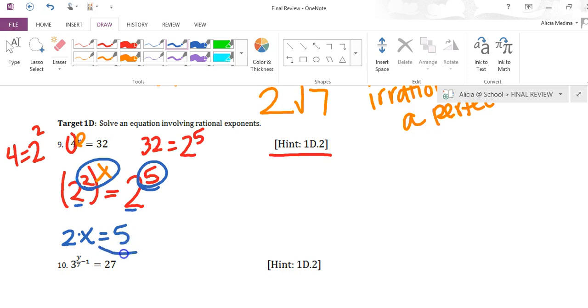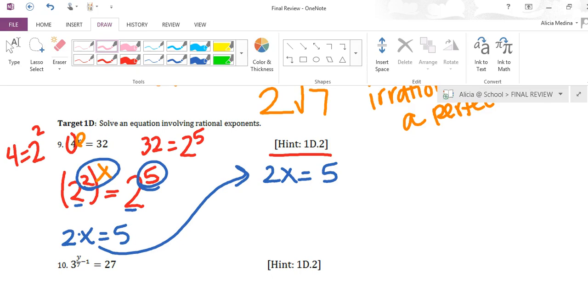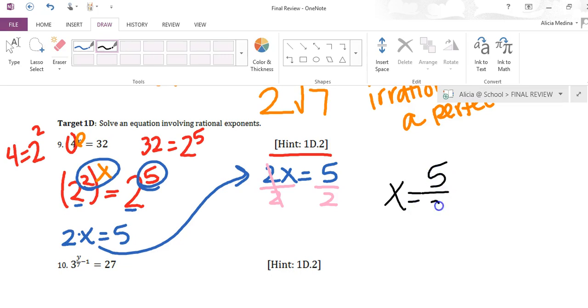Here I have 2x equals 5. I want to get my x by itself, so I have to do the opposite operation. Since this is getting multiplied, I'm going to divide on each side by 2. So my final answer here is x equals, leave it as a fraction please, 5 over 2.